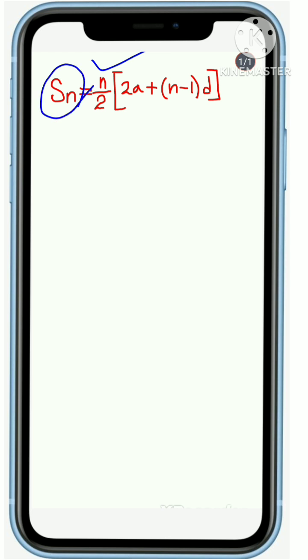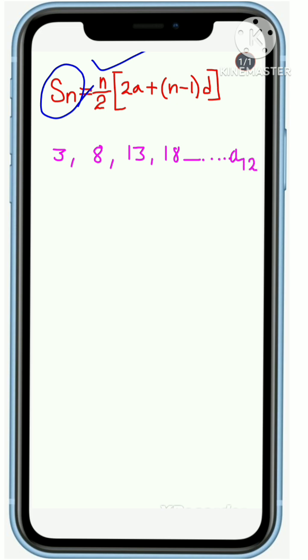Suppose we have an AP like 3, 8, 13, 18. Suppose it is an infinite AP, so it has no last term. We just know it continues till the 12th term, that is till A12, right?